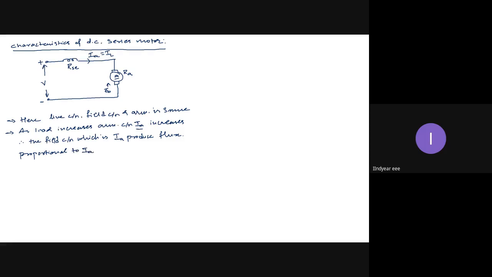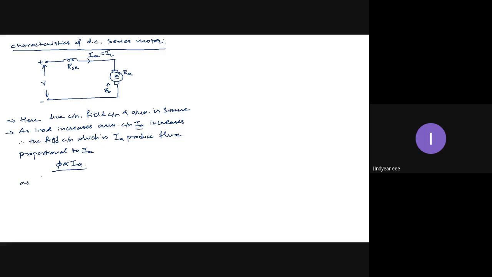That is, phi is proportional to IA. So in a DC series motor, flux will not remain constant. Flux will vary with armature current or with load. And because IA is variable because of load variation, flux is also variable. Hence, DC series motor is known as variable field DC motor.